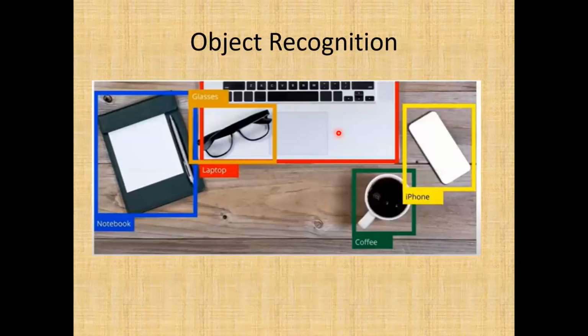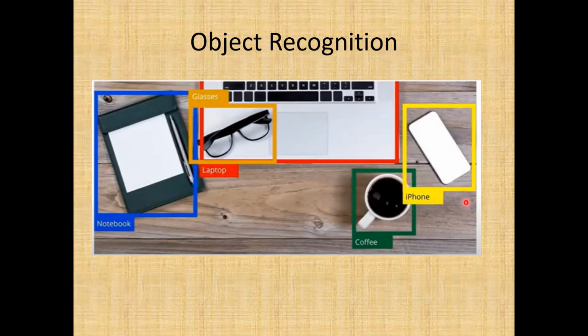The next and the last key step of digital image processing is called object recognition. Object recognition is a process in which a label is assigned to an object present in an image. That is, whenever an input image is given, object recognition techniques will identify the objects present in the image and label them.